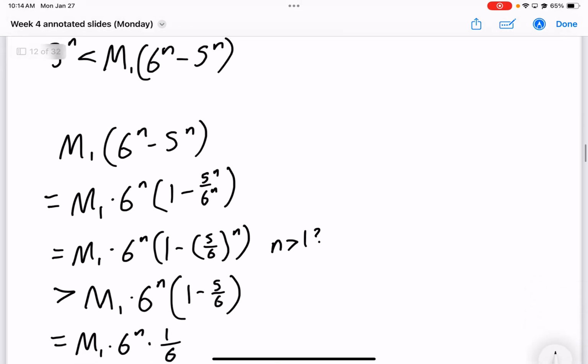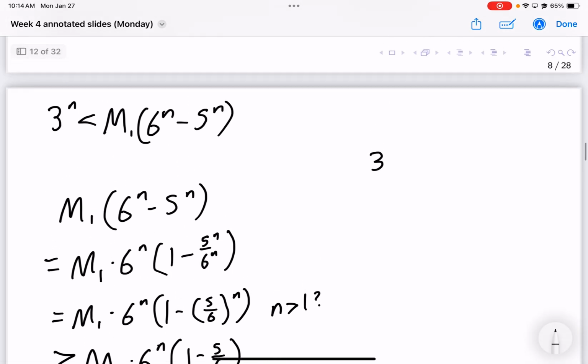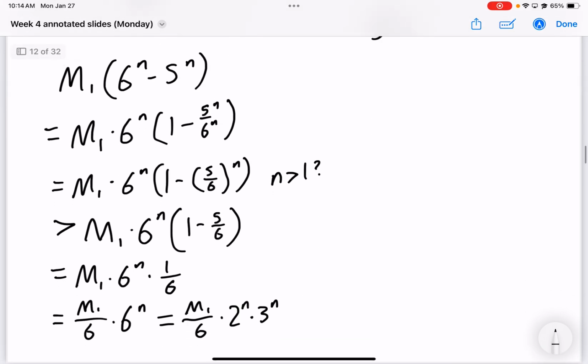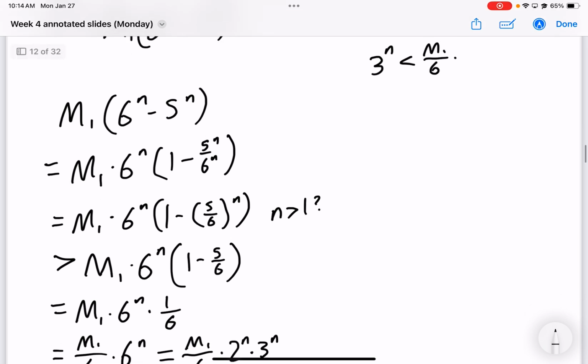So now we have our updated inequality. 3 to the n is less than m1 over 6 times 2 to the n times 3 to the n.